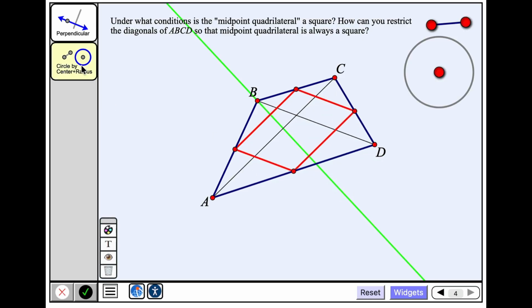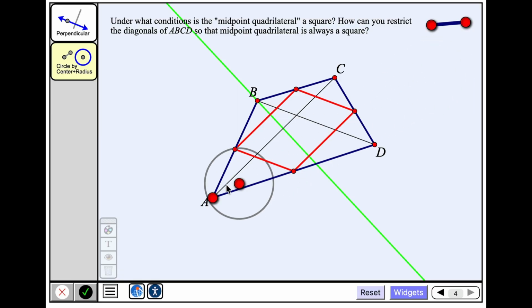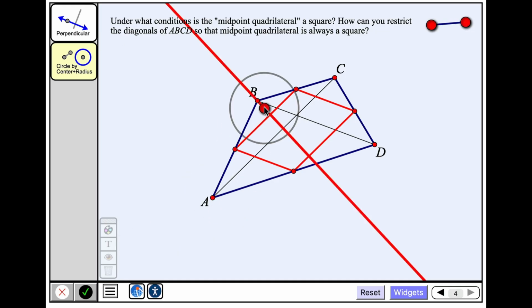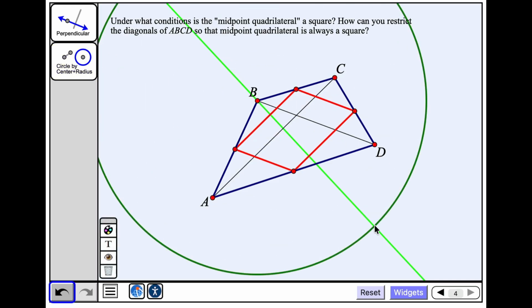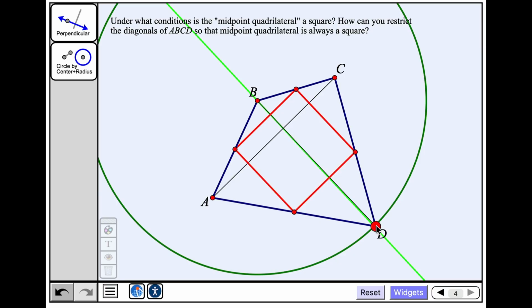So I am going to now construct a circle centered at B with radius AC. So right there is the point that I'm looking for, where if I drag point D there, I will have BD equal to AC and the two diagonals perpendicular to each other.